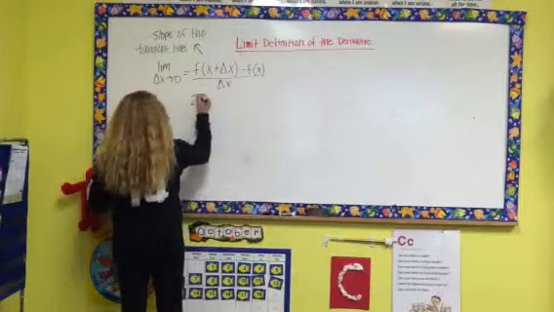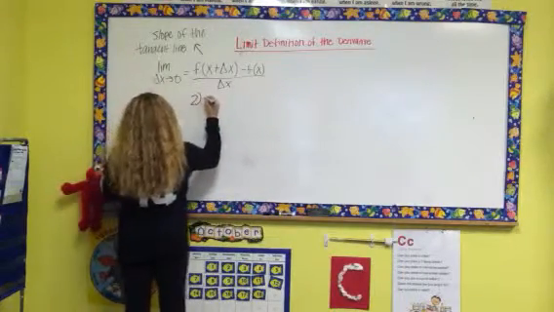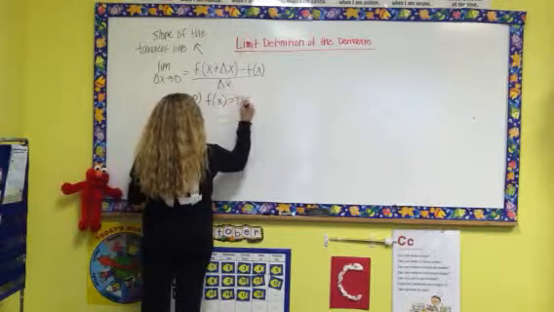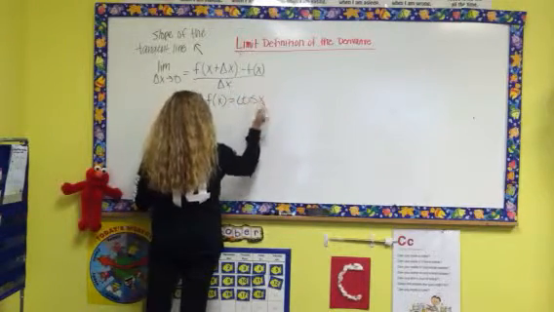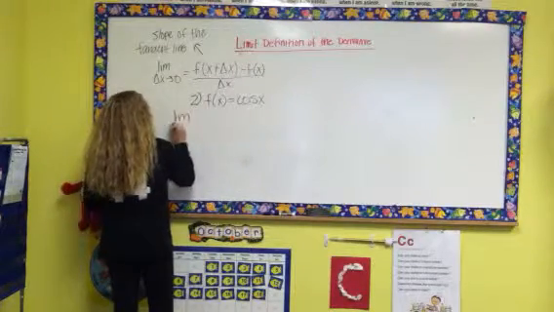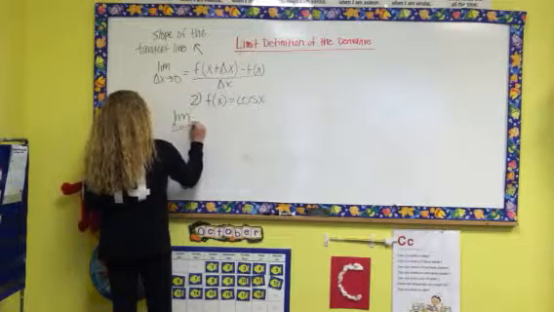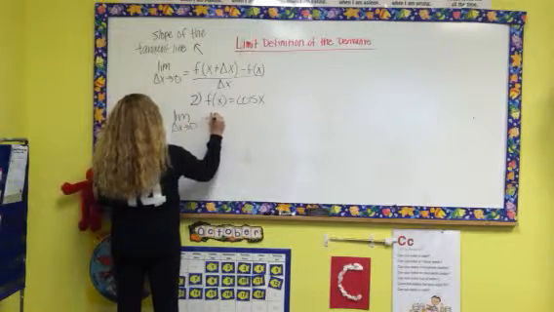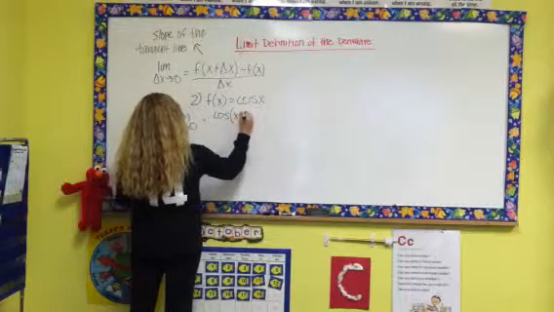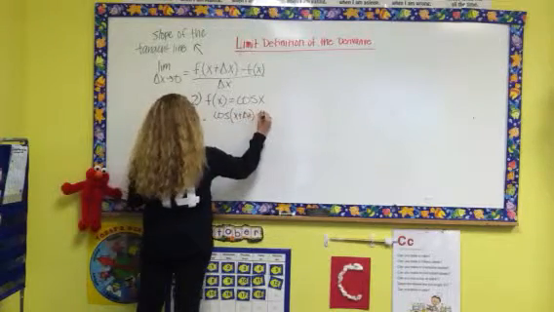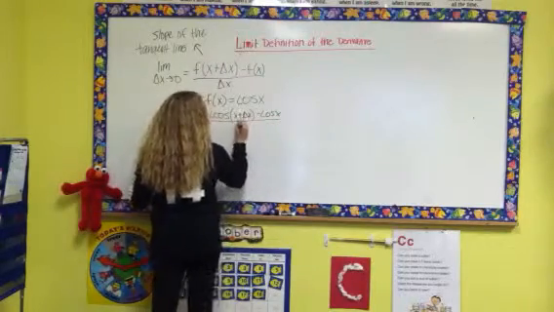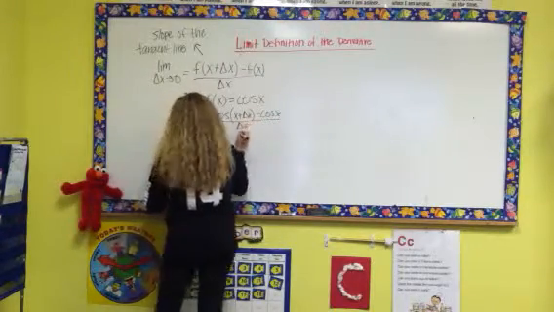Okay, problem number 2 is f of x equals cosine x. So we use our formula, limit as delta x approaches 0, it's equal to cosine (x plus delta x) minus cosine x all over delta x.